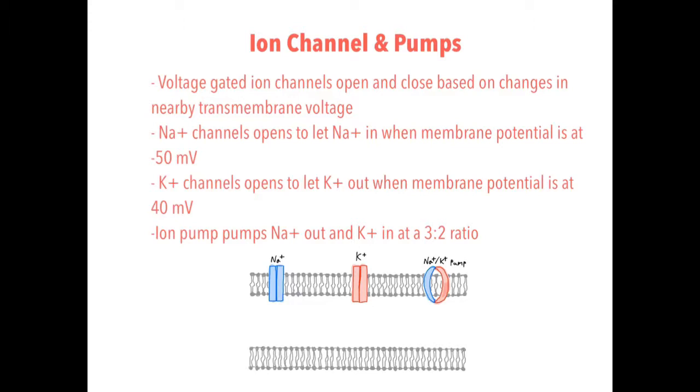The voltage-gated potassium channel opens when the membrane potential is at 40 millivolts, allowing potassium ions to exit the axon. The sodium-potassium pump pumps sodium ions out and potassium ions in on a 3:2 ratio. This means that for every 3 sodium ions that are pumped out, 2 potassium ions are pumped in.